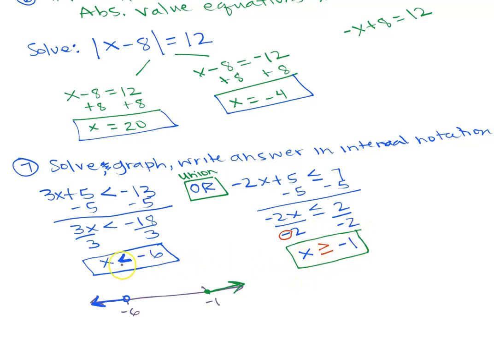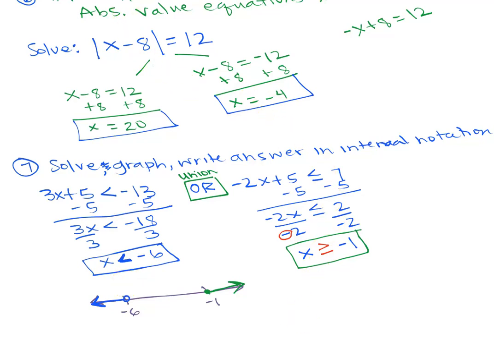The arrow trick only works if you've solved to get that variable on the left side. I highly recommend that you do that. Always solve them to get the variable on the left side, so that you're reading that inequality forward. Otherwise, you're having to read it backwards. It's not wrong if you do it the other way. It just sometimes is easier to make mistakes.